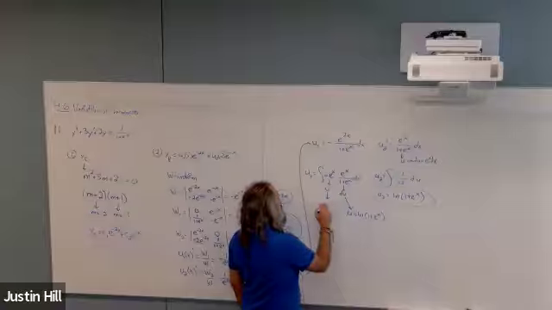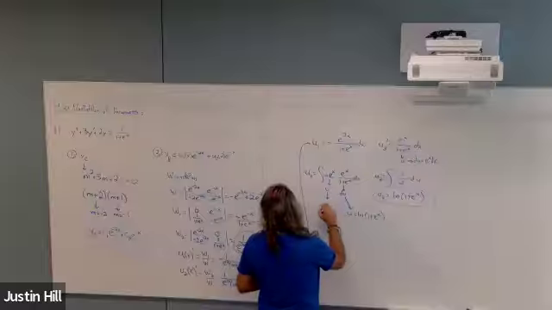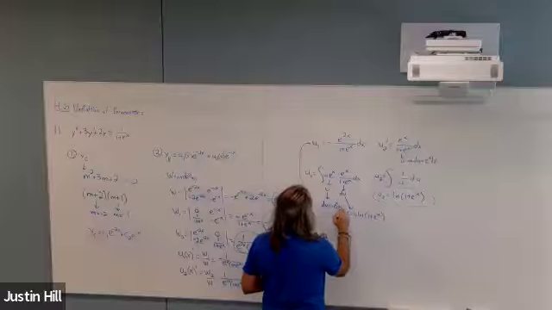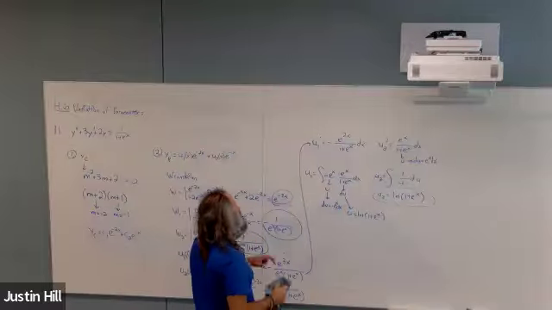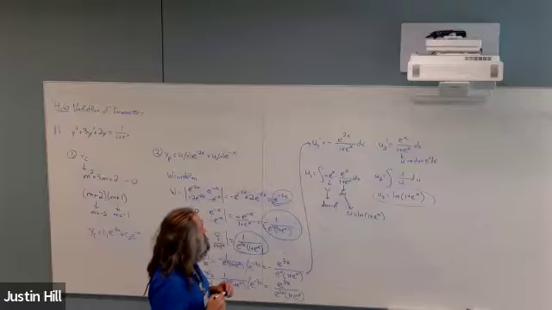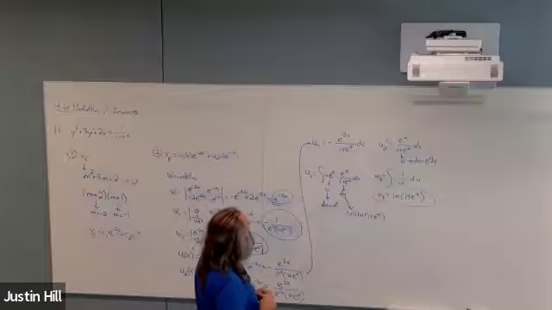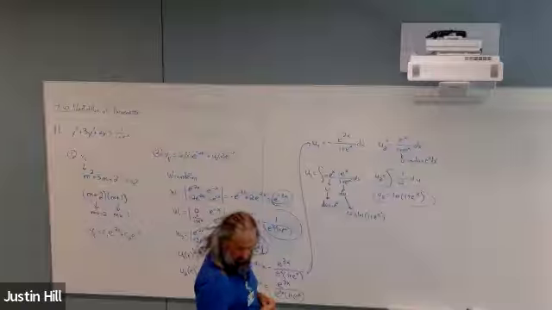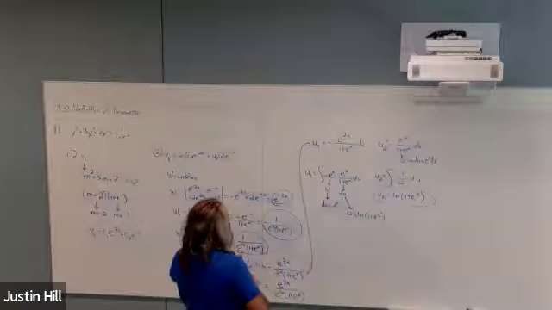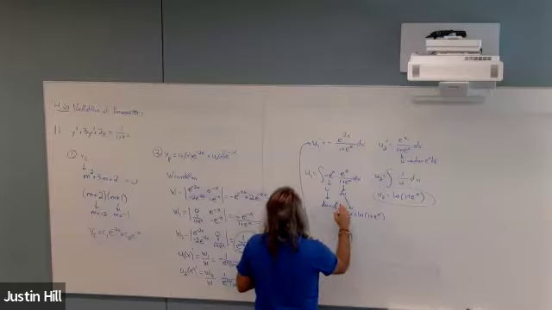It'll just be negative e to the x. However this reads, I guess we will put the dx on there.